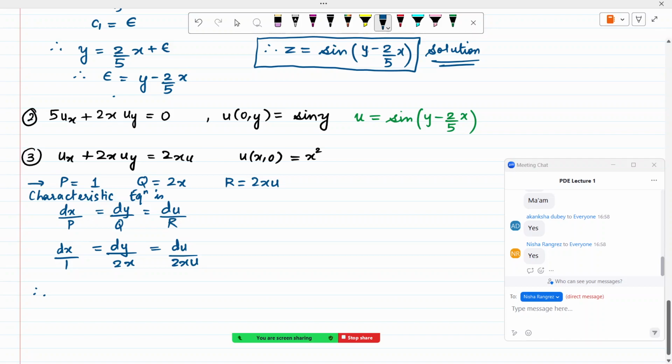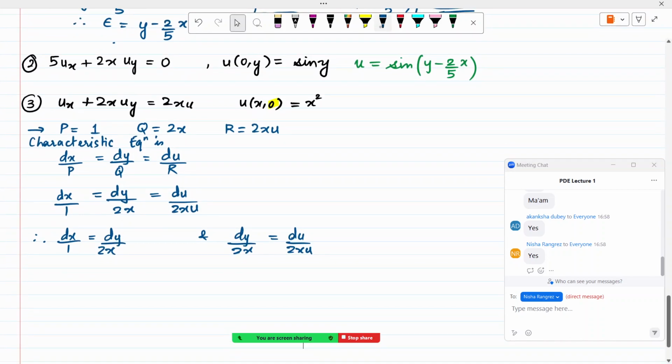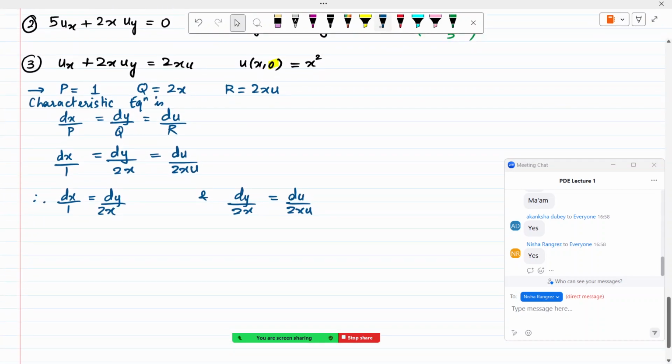As we discussed before, we'll pick up those two which have x and y and are free of the dependent variable. So this will be my first equation. And for the second equation, I'll take the one with the 0 term, that is y over here along with u. So dy by 2x with du by 2xu. I hope that's clear. Is this fine?